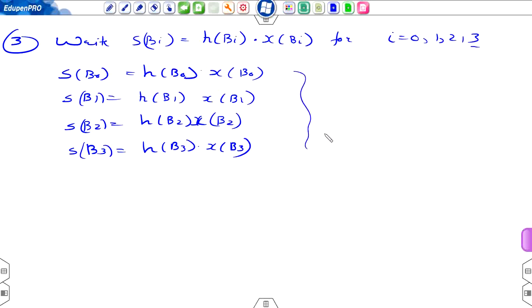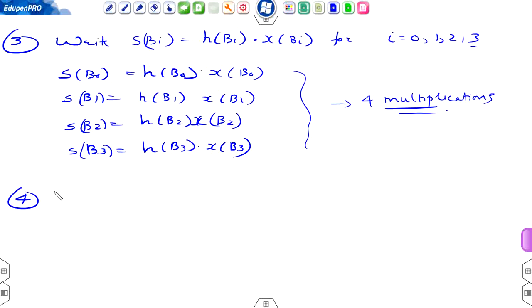At this point you can see that 4 multiplications are there. You just have to write this; you don't have to substitute the values of h of beta i and x of beta i and multiply at this point.